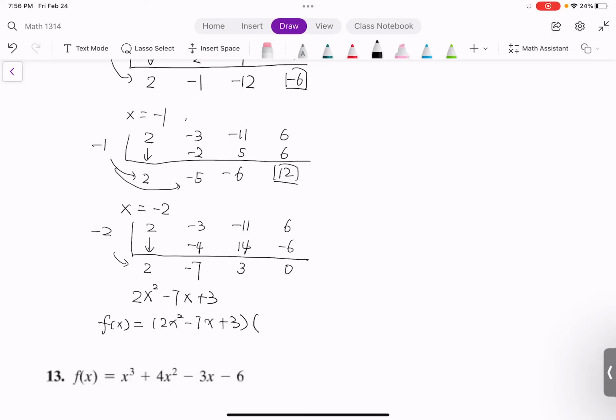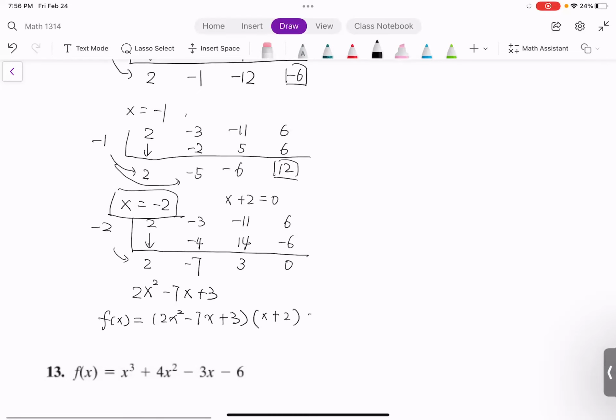So now what is the divisor? We took a guess, x equals -2. Now rewrite it in divisor form. Add 2 to both sides: x plus 2 equals 0. The divisor is x plus 2.